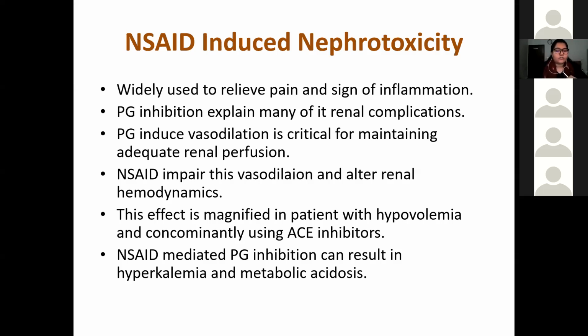This effect is magnified in patients with hypovolemia and those concomitantly using ACE inhibitors. NSAID-mediated prostaglandin inhibition can result in hyperkalemia and metabolic acidosis. So in aminoglycosides there was hypokalemia, and in NSAIDs there is hyperkalemia.